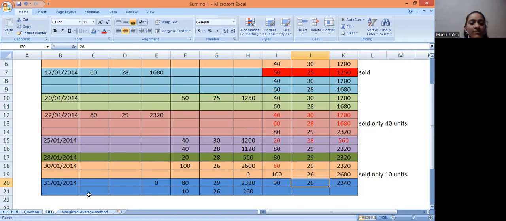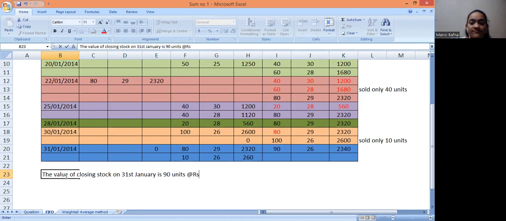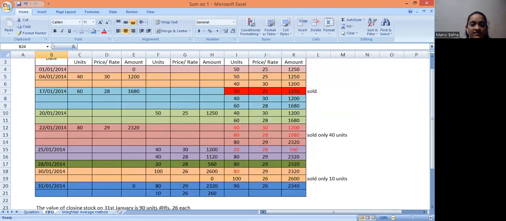So you will be writing below the stock ledger the value of closing stock on 31st January is 90 units at the rate rupees 26 each. I'll just show you the entire stock ledger so that you can have a glance at the entire stock ledger once.